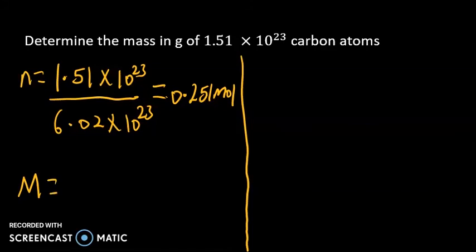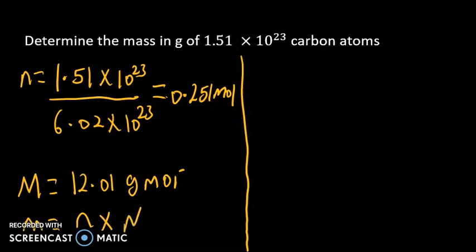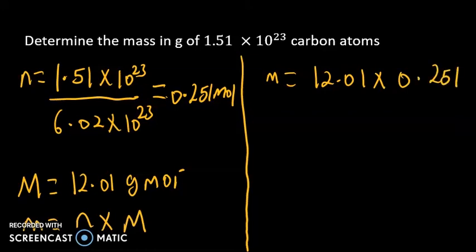The molar mass for carbon atoms is 12.01 gram per mole. And the mass is calculated as the mole times the molar mass. So which is 12.01 times 0.251, and that is equivalent to 3.01 gram.